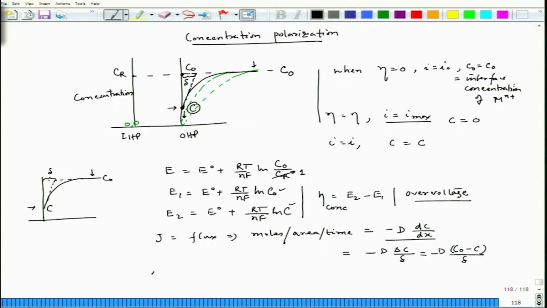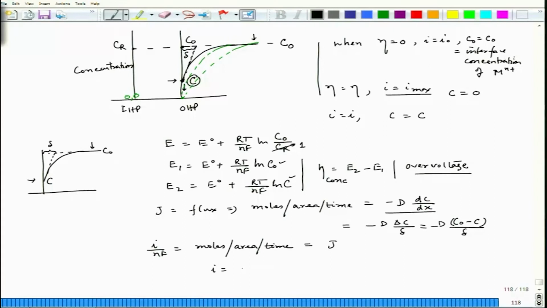Now, I know I by nF equals moles per unit area per unit time. If you go back and check, you will see that this is the rate of flow of metal ions per unit area per unit time, which should be equal to J. Then I can write I equals nFJ.